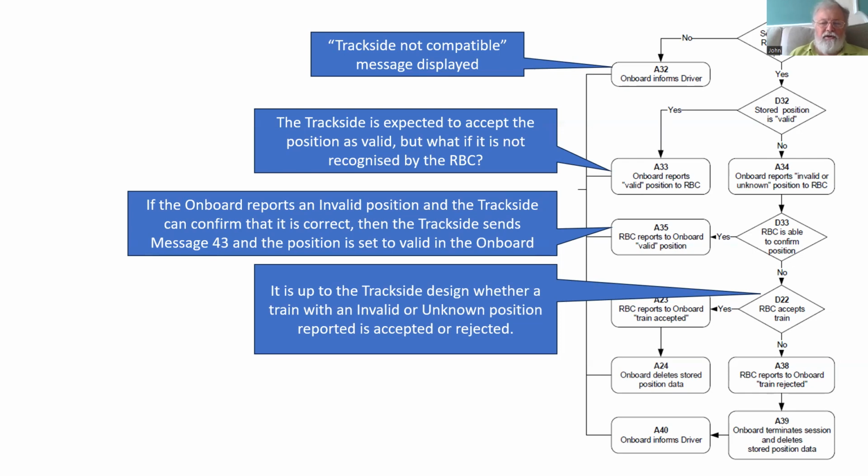However, a communication session remains in place, and that can be useful. If the train is rejected by the trackside, then the position is set to unknown and the session is automatically terminated, with the driver being informed. And it's up to the trackside designers and policymakers to decide which option is the best.